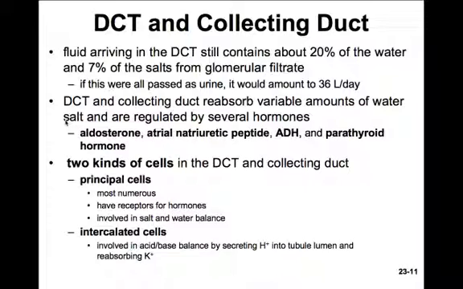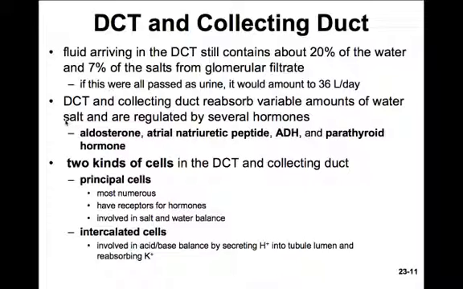So the distal convoluted tubule is where this reabsorption happens. We're also going to see that this is regulated by a lot of hormones. Of note, aldosterone, atrial natriuretic peptide, antidiuretic hormone, and parathyroid hormone. And these hormones are going to act on the principal cells of the distal convoluted tubule.